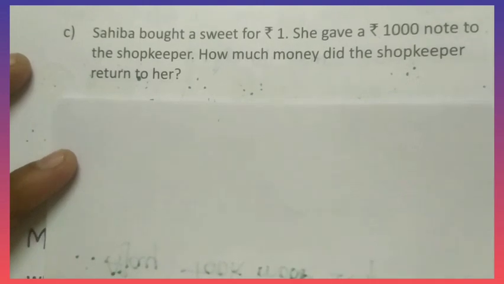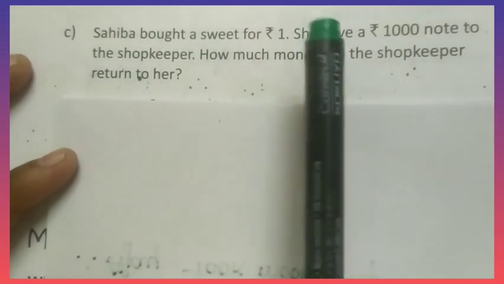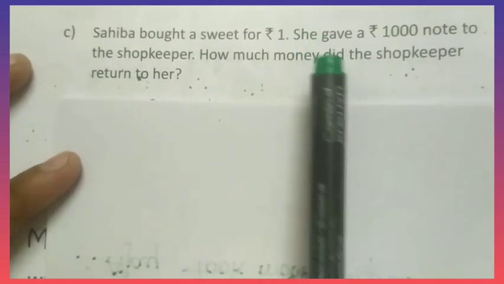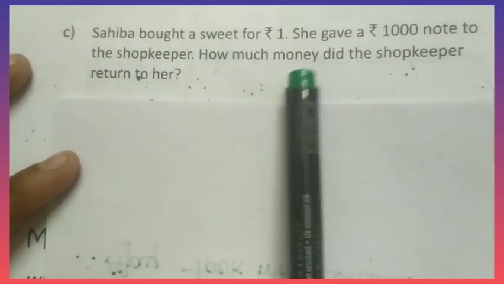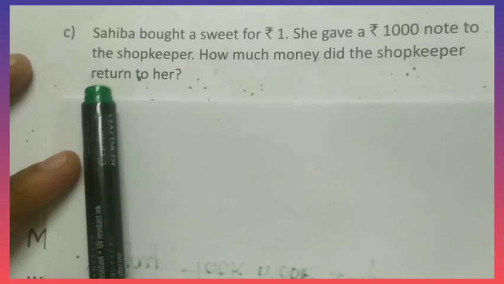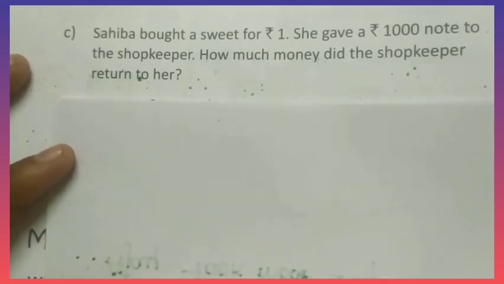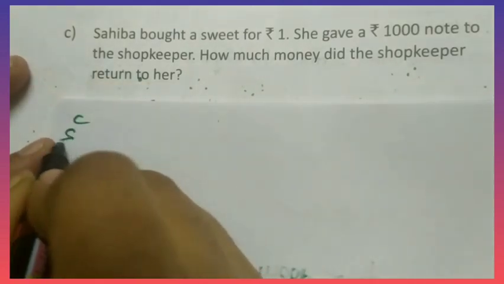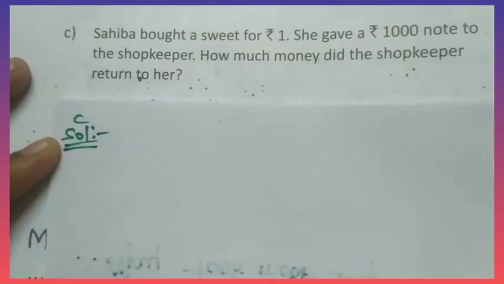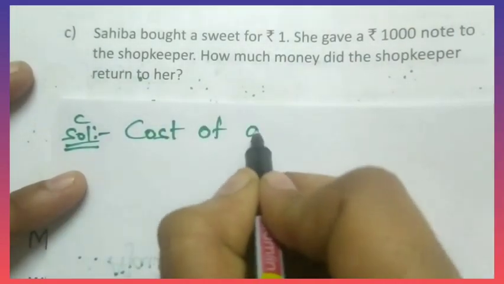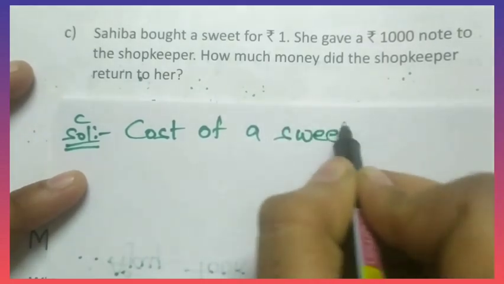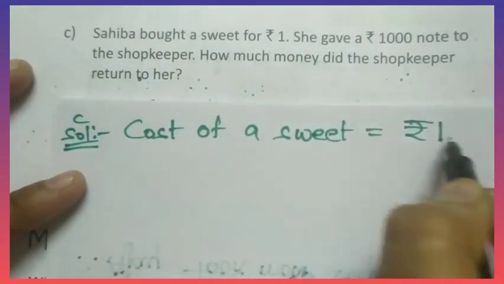Look at C question. Sahiba bought a sweet for 1 rupee. She gave a 1000 rupee note to the shopkeeper. How much money did the shopkeeper return to her? Okay, Sahiba bought a sweet for 1 rupee. Now cost of a sweet. How much? 1 rupee.